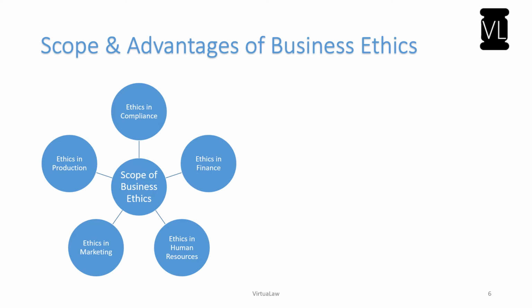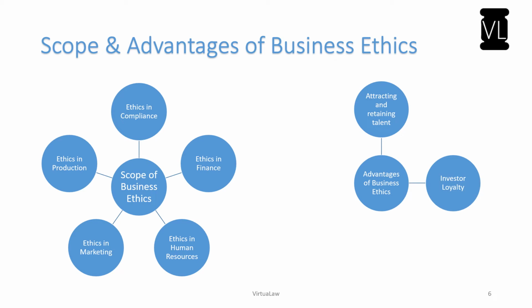So this is the scope of business ethics in various functionalities of a company, and by applying such business ethics to any business, we have certain advantages, which are: number one, attracting and retaining talent, that is the employees of the company. Number two, increasing the loyalty of your own investors. And number three, satisfying your customers and ensuring that new customers add on because of the satisfaction they have in terms of your product or service.